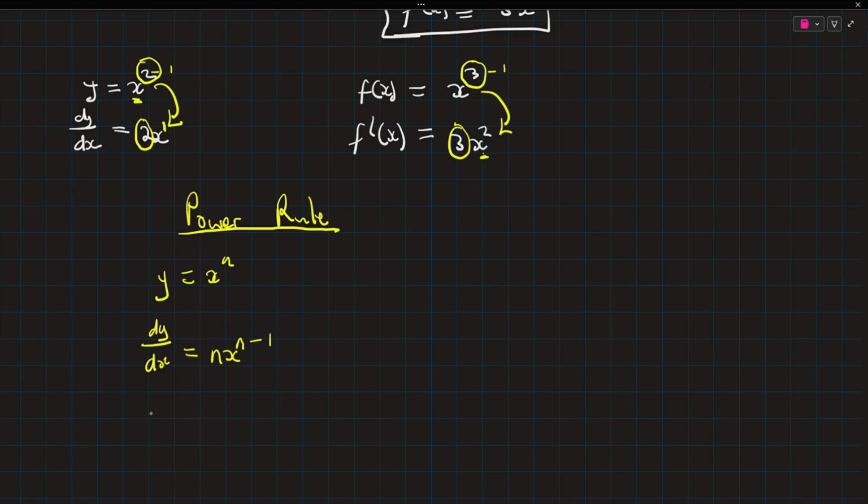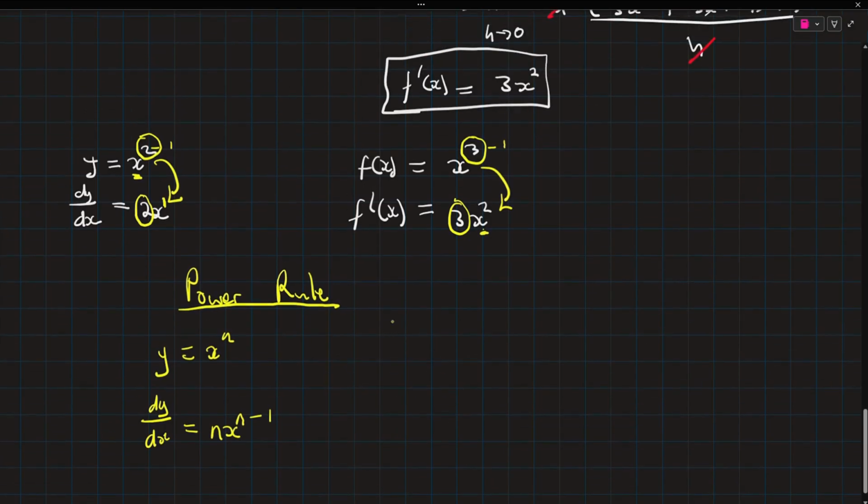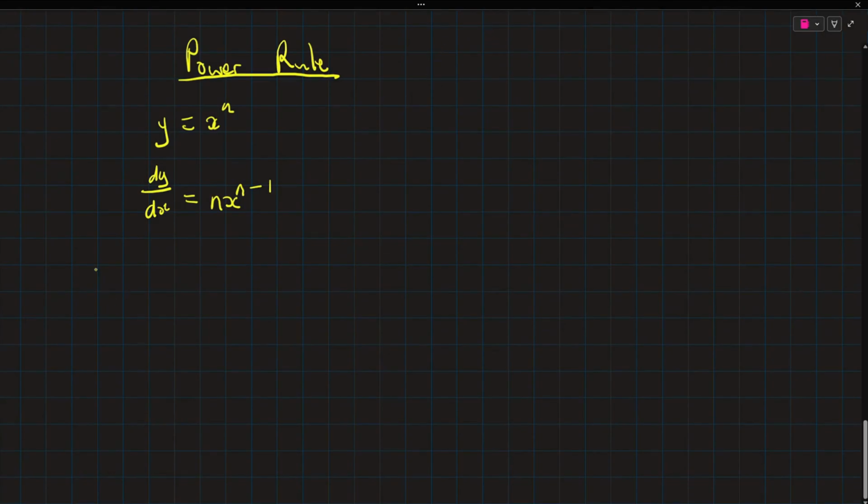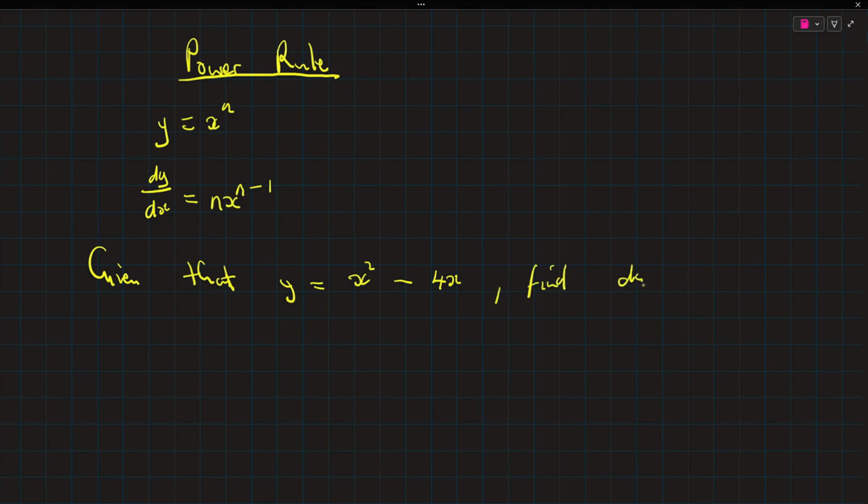So now let's try to use the power rule, given that y is equal to x squared minus 4x. Find the dy on dx. What will you do?